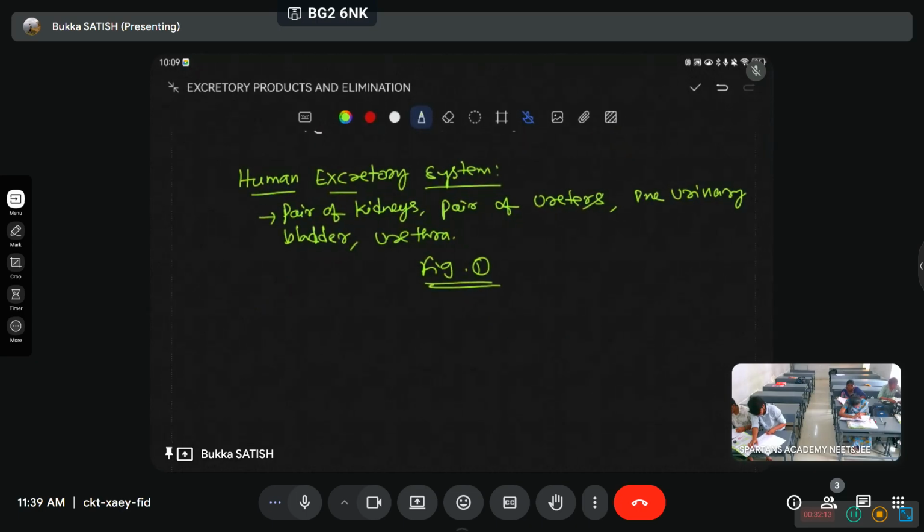Right. In this, our focus will be on the kidney. And the first thing is the measurement of this organ. The length of each kidney is 10 to 12 centimeters.